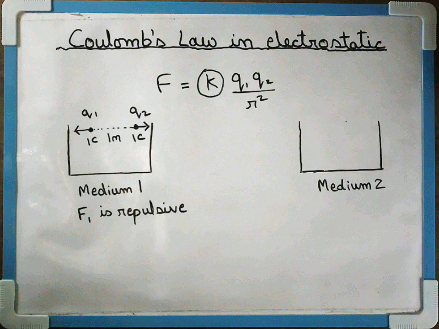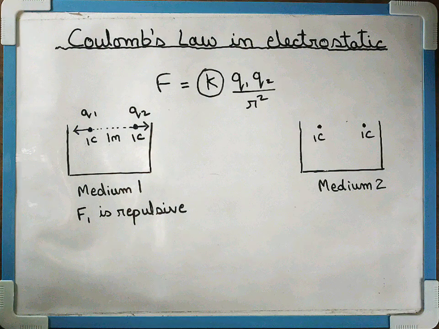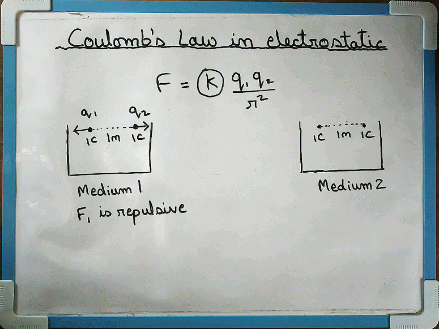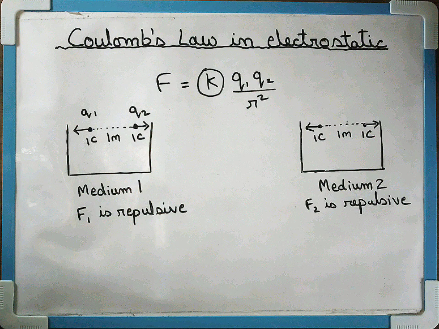Now if you place these same charges of 1 coulomb, separated by distance 1 meter, in medium 2, then again the force is repulsive in nature. But depending upon the nature of the medium, the force in medium 1 may be greater than the force in medium 2.